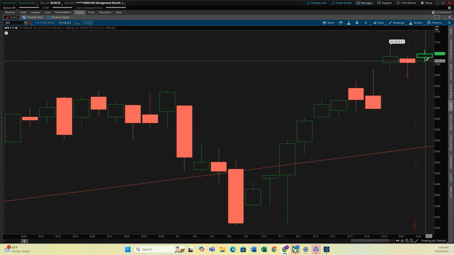You can see the last couple days we've just been consolidating around this 5,700 number. So the open was right around there, and then the following day you can see it closed, interestingly enough, right around where the previous day opened, and then there's the close at 5702, and then we were able to close a little bit more above it.